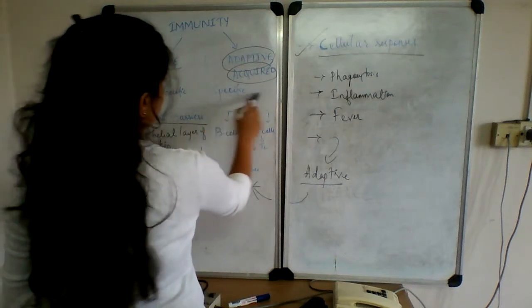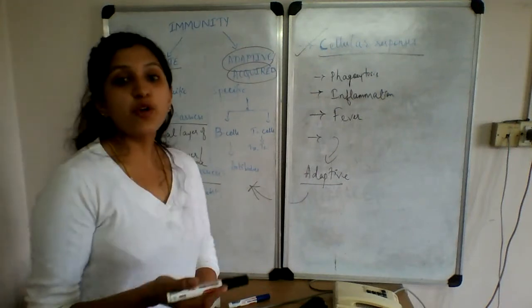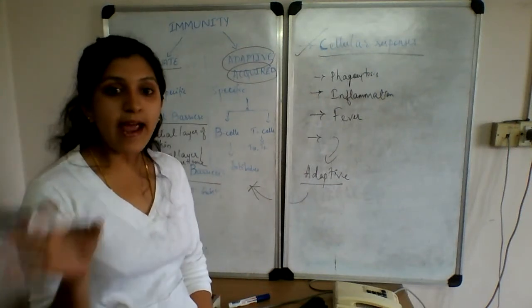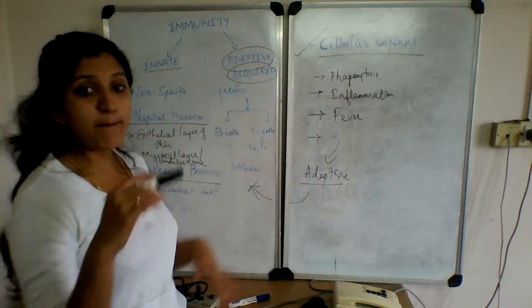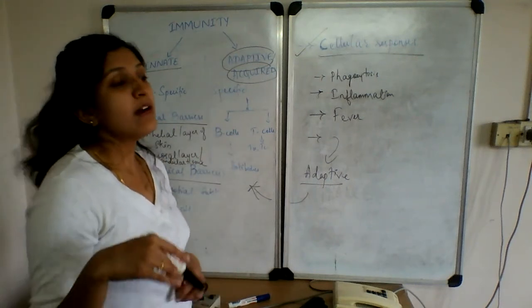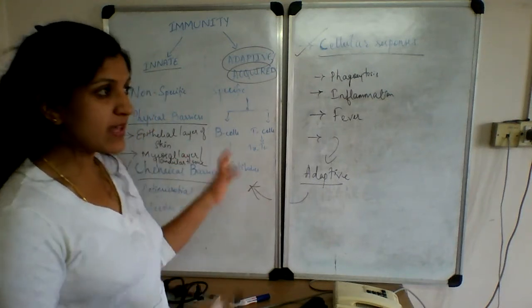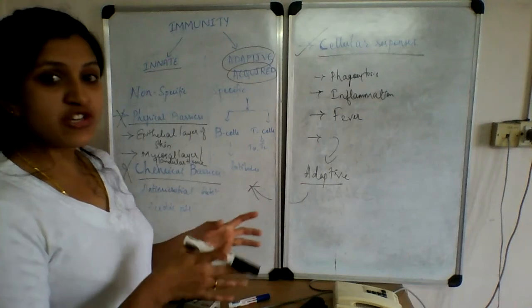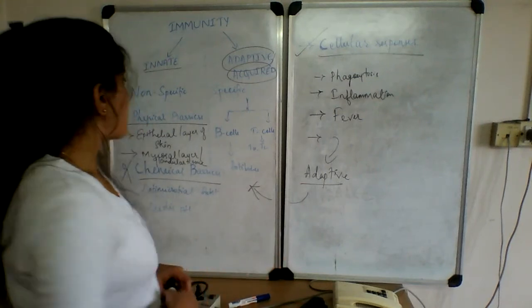Here it is specific, because it is designed in such a way that if a microbe is presenting a particular antigen on its surface, it will design a paratope, an antibody specific to that antigen. So there is antigen-antibody binding and there is killing of these microorganisms.